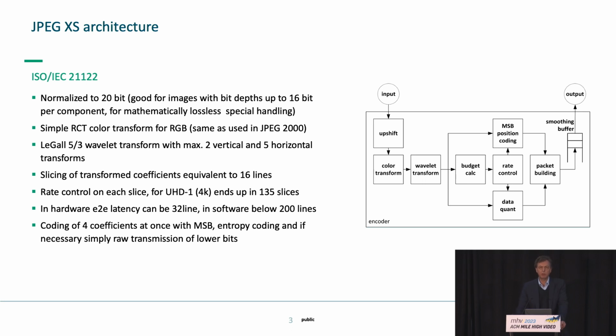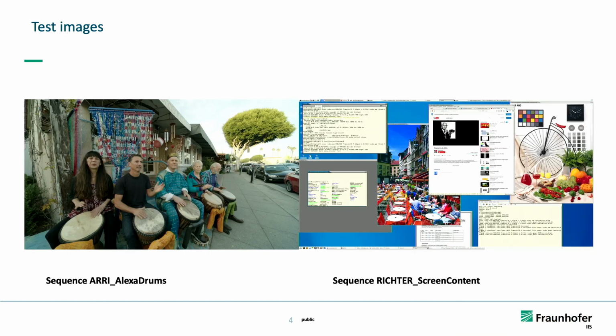We also code 4 coefficients at once with a kind of envelope coding or MSP coding, and then we make an entropy coding of the underlying bits. If necessary, we also transmit only the raw data. We are at such a high quality that sometimes it's better to transmit the raw data instead of trying to entropy code it.